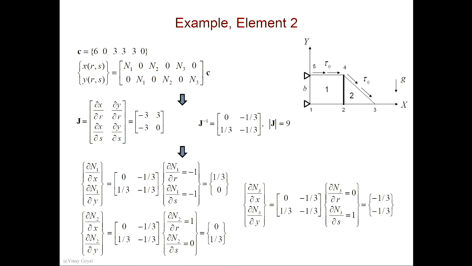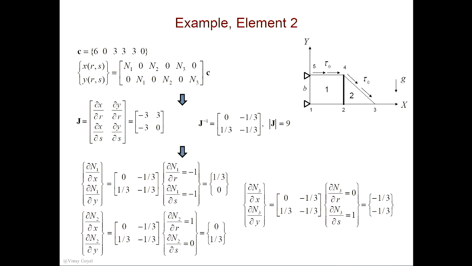What is the area of this triangle? 3 by 3, 9. 9 divided by 2. So I'm mapping a 9/2 to 1/2. So the mapping is basically 9, the ratio of the two. Make sense? I went from an area of 9/2 to an area of 1/2. So the ratio is basically the Jacobian. It's scaling in this case. In other cases where the elements are highly distorted, it's not going to scale that nicely, right?